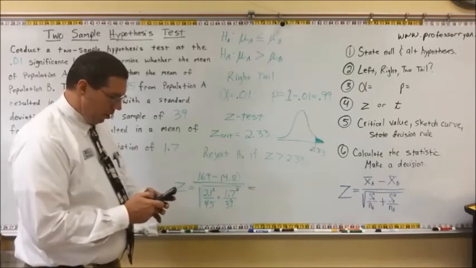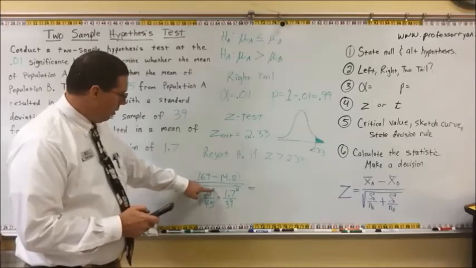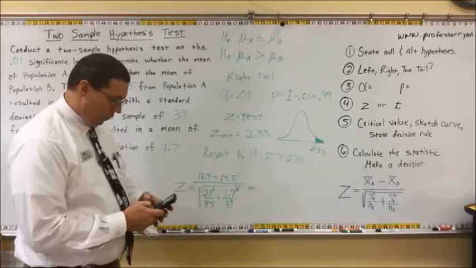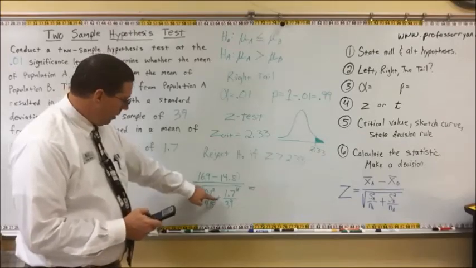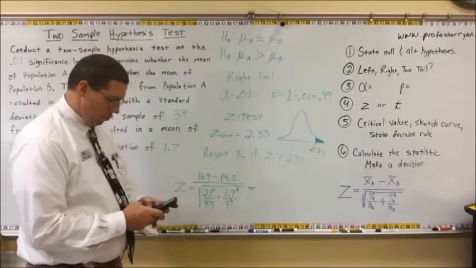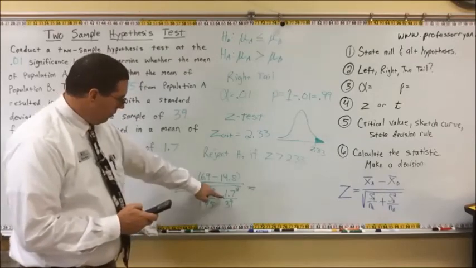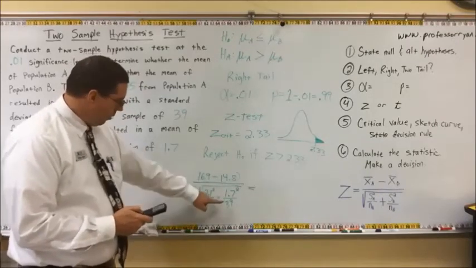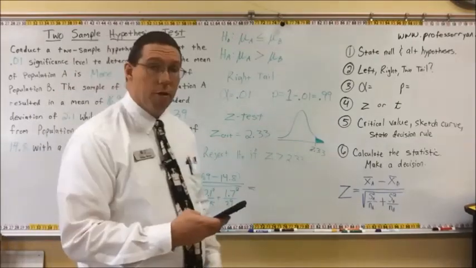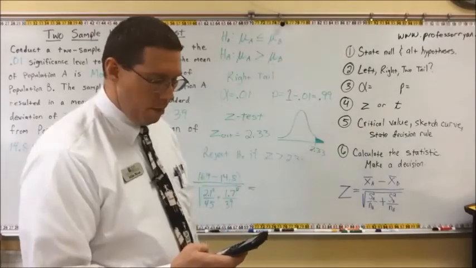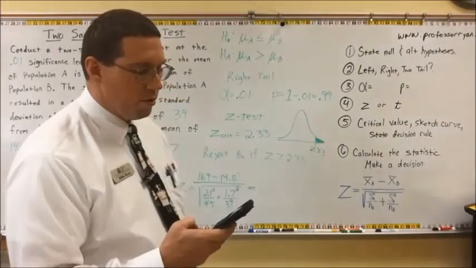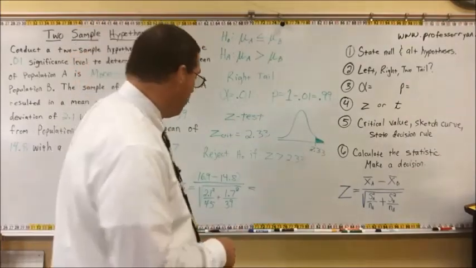So I'm going to do a radical here. 2.1 squared divided by 45 plus 1.7 squared divided by 39. Then I'm going to close the parenthesis on the radical. Just got to press equals now. I'm going to press enter, and I get 5.062.